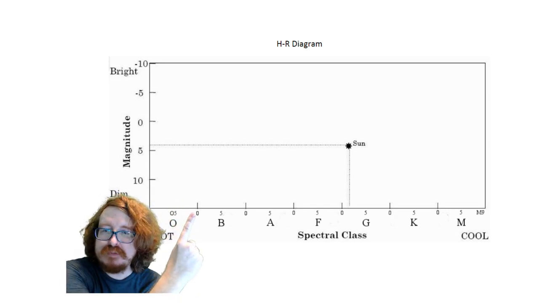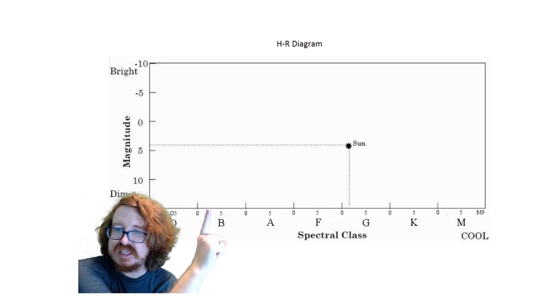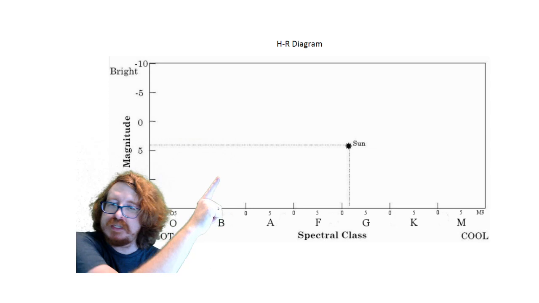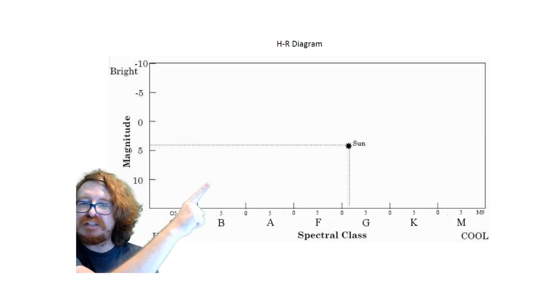Well, down here, this is B0, this is B5, so a B2 would be right here. So I know that my star has to be above the B2 mark. And I said it had a magnitude of 10, so I'd just go up until I hit where the magnitude of 10 would be. So a B2 with a magnitude of 10 would show up roughly where my finger is pointing.